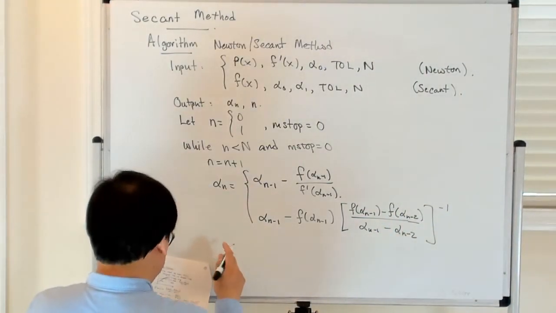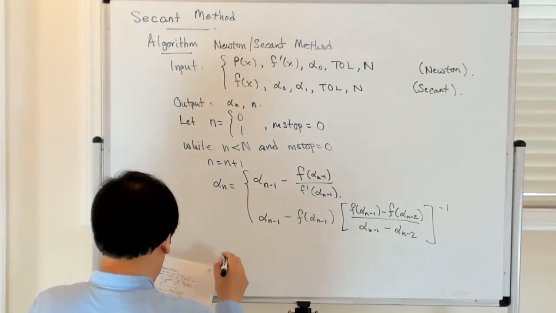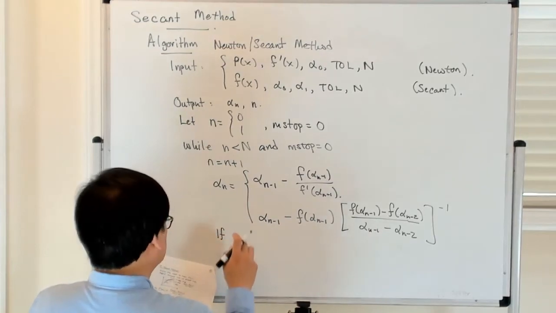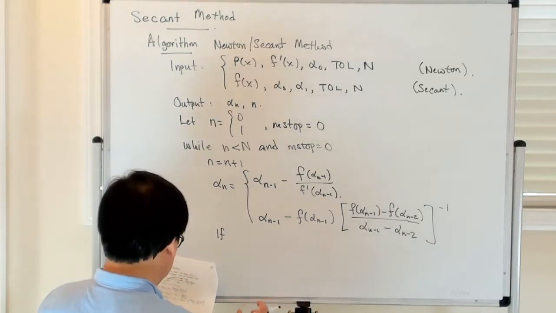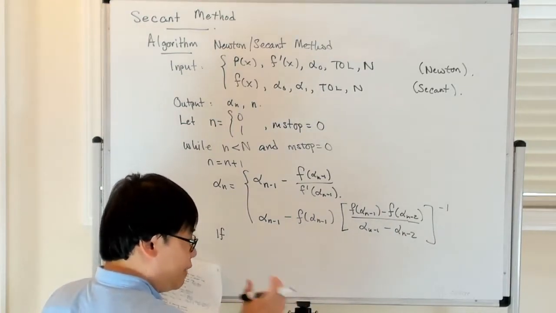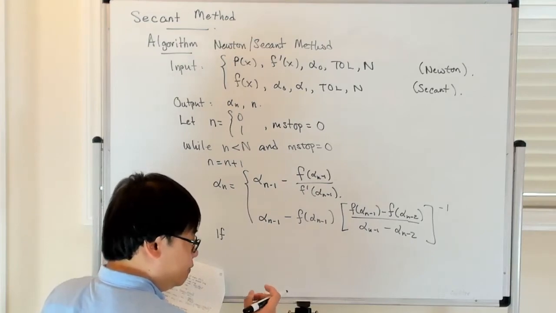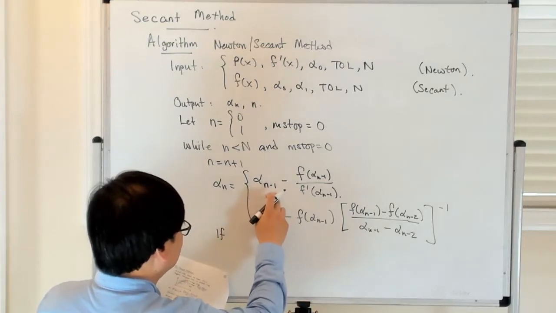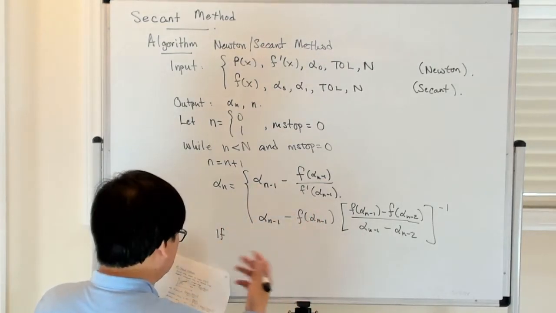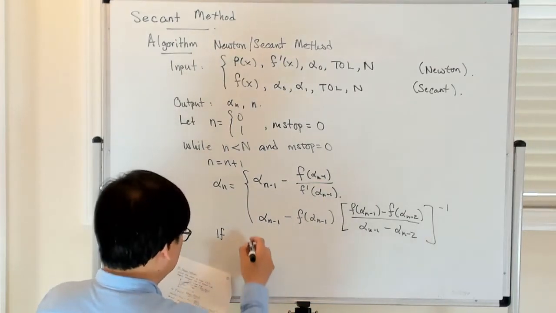And then the next thing now is that we can determine the termination criterion. So with the Newton and secant methods, you don't have an enclosure, you don't have a bounding interval where the root is guaranteed to live in, so you don't have a guaranteed upper bound on the error. So what you do instead is that you look at how much the iterates change by, and when the iterates stop changing by a large amount, that's one reason to stop, right?